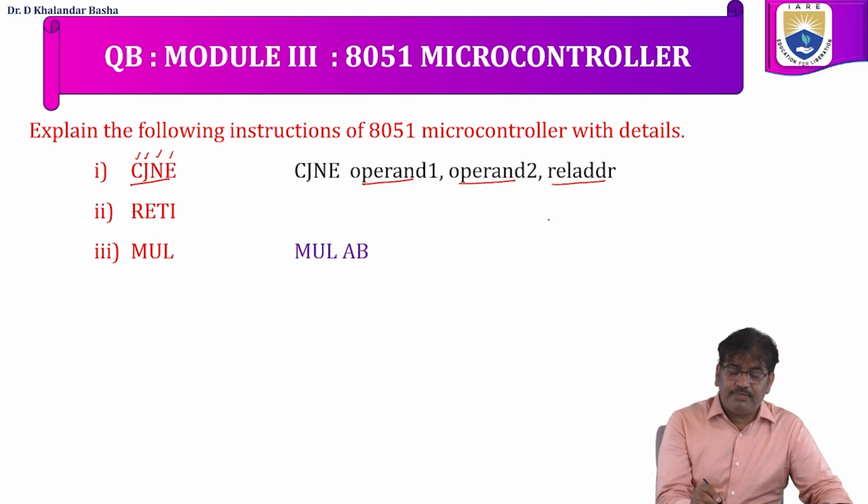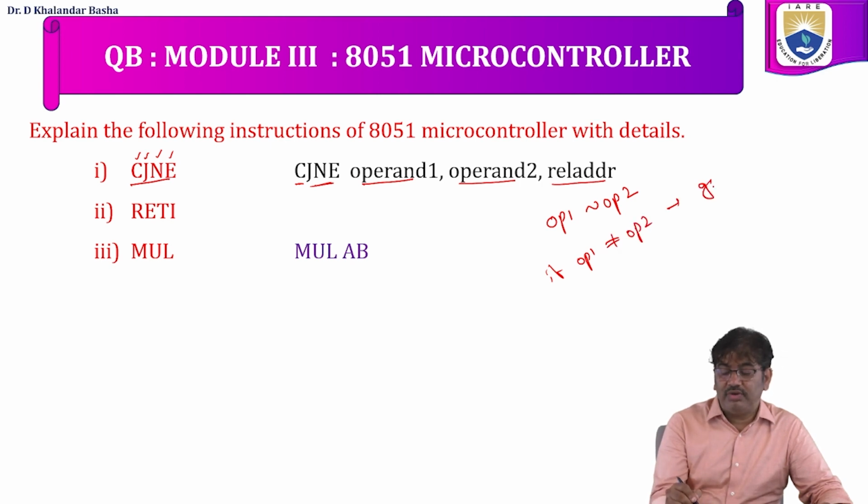In this instruction, operand 1 will be compared with operand 2. If operand 1 is not equal to operand 2, then we go to the address which we have specified. Otherwise, the subsequent instruction will be executed.